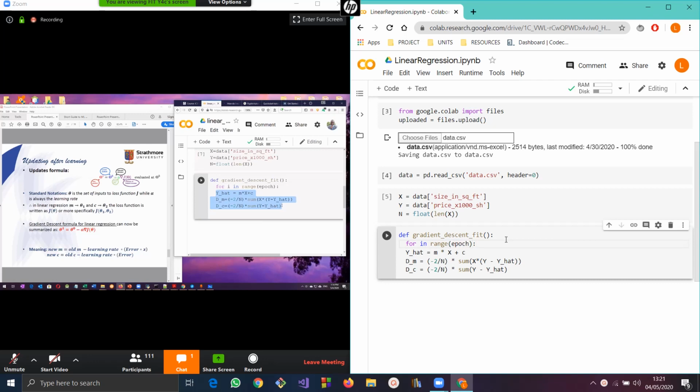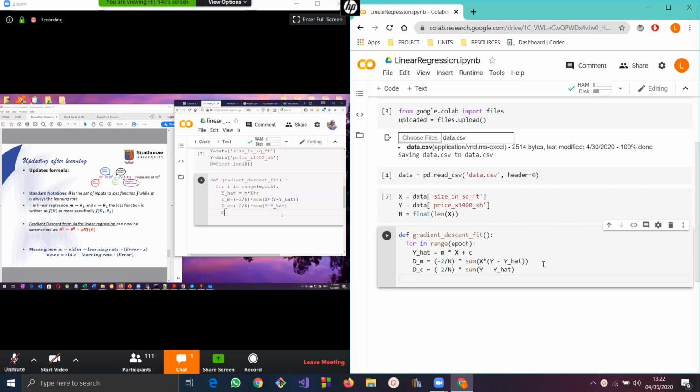Then for every epoch we will be updating m. So we'll have the new m equal to the old m minus the learning rate, like we have here, multiplied by the derivative you have computed up there.